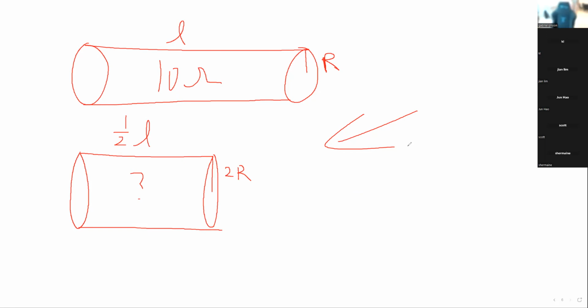How can it be 10? The length decreased and the area increased. Why is it not 2.5? Because this is radius, this is not area. Anyone that get an answer of 2.5, you are absolutely wrong, by the way.